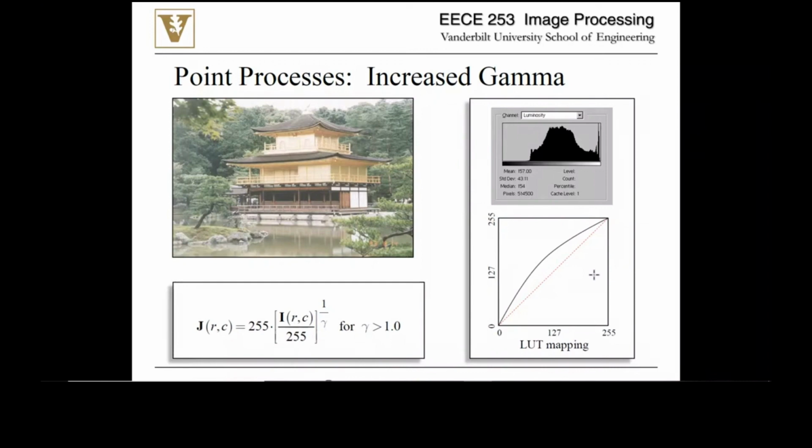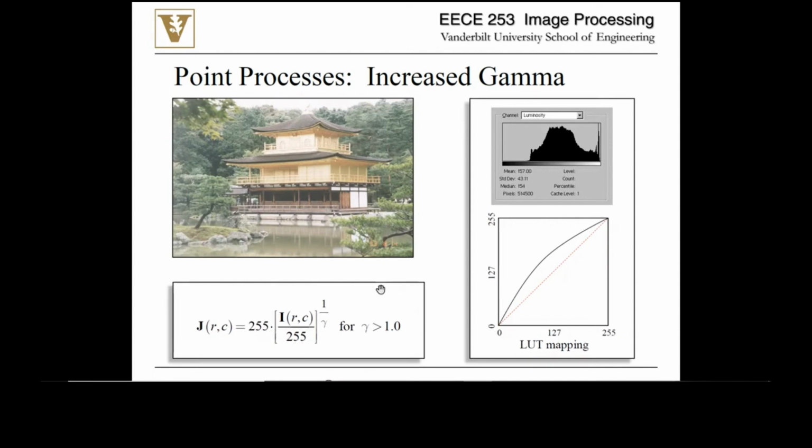Increasing. Increasing, why? The slope is bigger. Everywhere, the slope is bigger than 1. No. So in this part, the slope is bigger than 1, but from this point on, the slope is smaller than 1. So we are increasing the contrast for the dark values, and we are decreasing the contrast for the bright values.